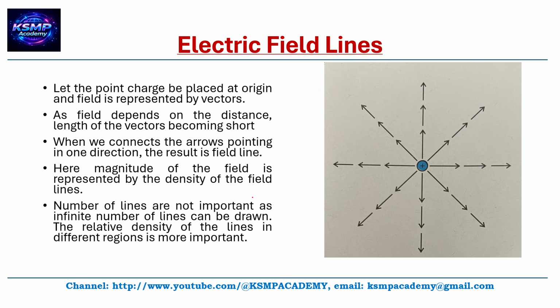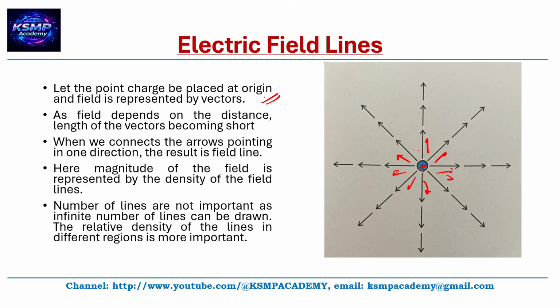Now let us have a look at the electric field lines, how these are generated. What we are assuming here is that a point charge is placed at the origin and the field is represented by vectors. You see here in the diagram, a plus charge we have assumed to be placed at the origin, and these are the vectors which we are talking about.